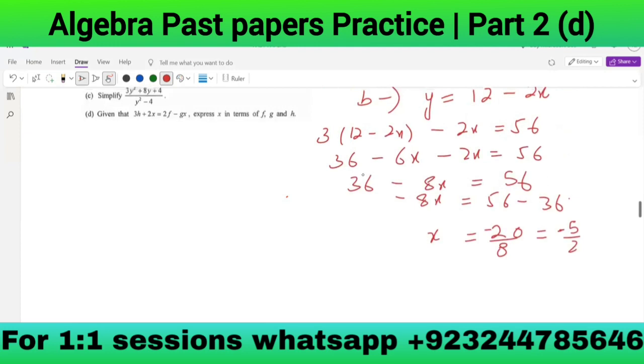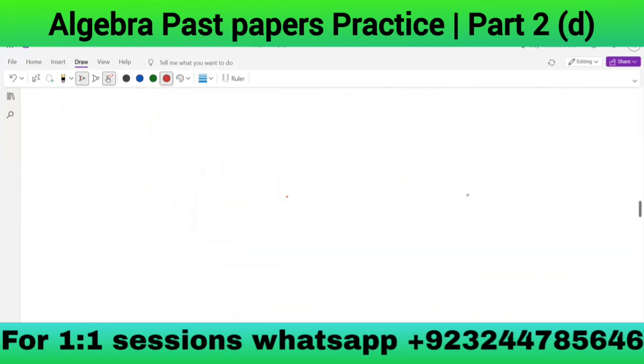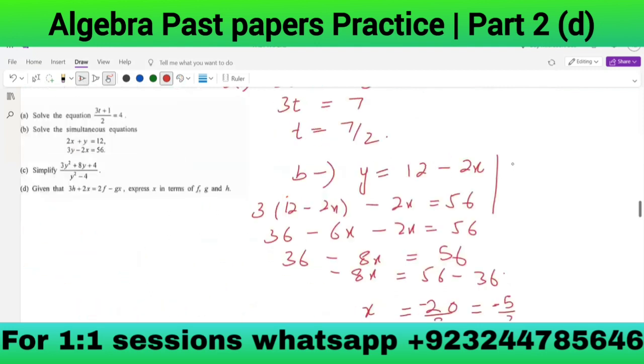So we got the value of x as minus 5 by 2 and the value of y will be y is equal to 12 minus 2 times minus 5 by 2. 12 plus 2 into 5 by 2, the 2 is cancelled, so it would be 5. So the value of y is equal to 17.